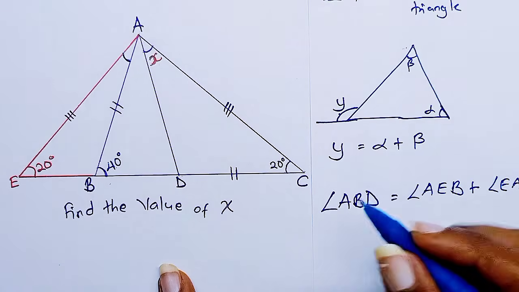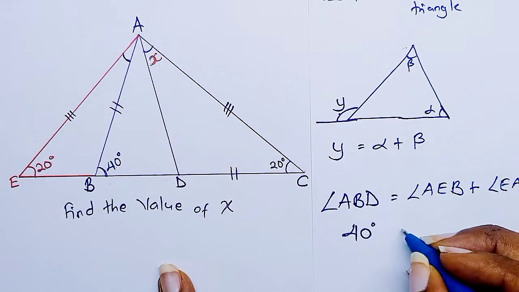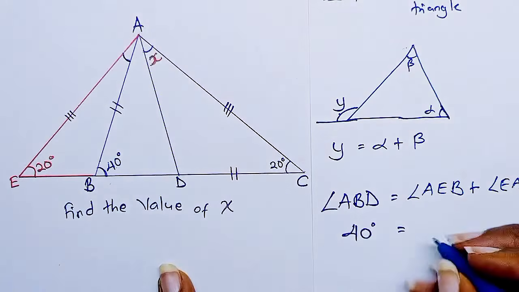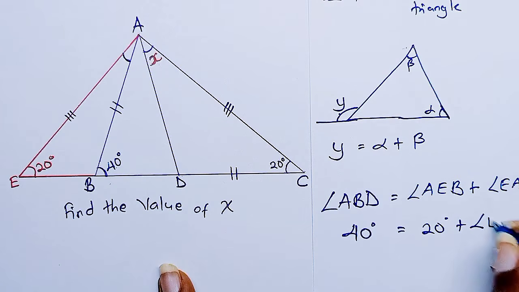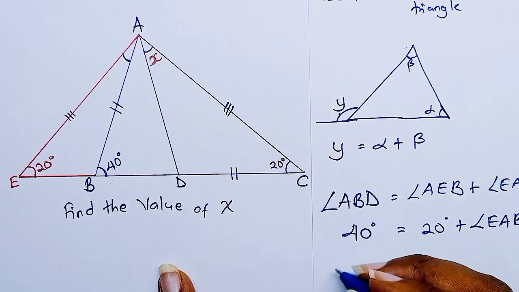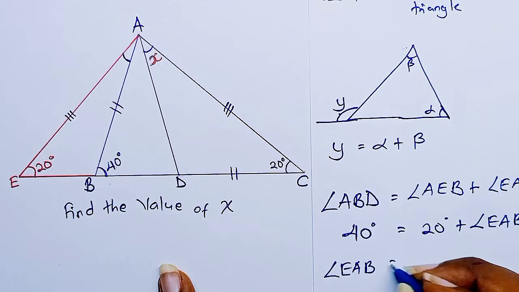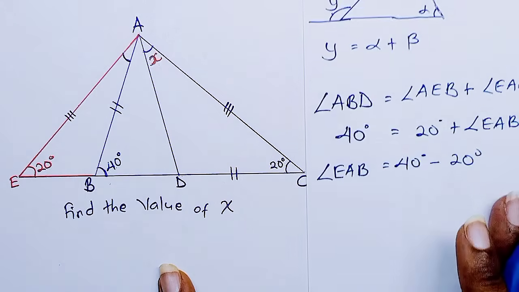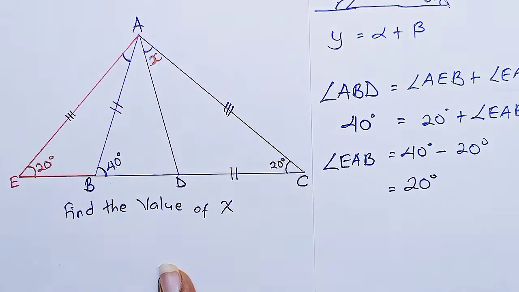Okay, so we have this angle is 40, then AEB is 20, then this is the angle we don't have. Therefore, angle EAB will be equal to 40 degrees minus 20 degrees, which gives us 20 degrees.